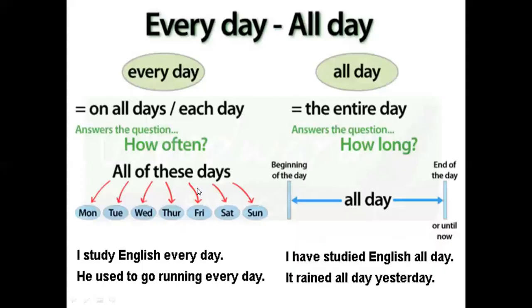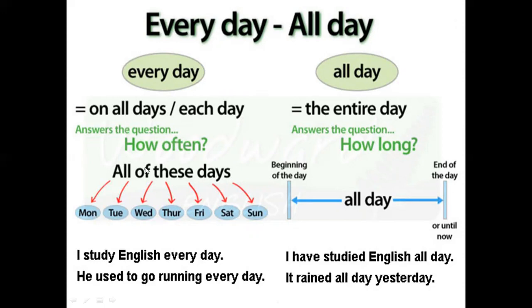Then we have, and this is very important to highlight, some students still confuse the two words every and all. For example, we have a very simple example here, every day and all day. What's the difference? Every day refers to each day, from Monday to Sunday.